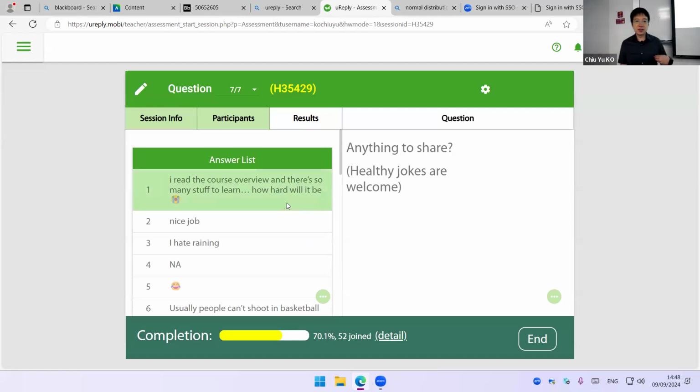I read the course overview. There's a lot of stuff to learn. I can't say that across all the sections I cover the least amount, but there are other sections that cover more than I do. So I think I'm on the median side, maybe slightly below the median. But I cover the most important parts, which I think I still use and are still useful.